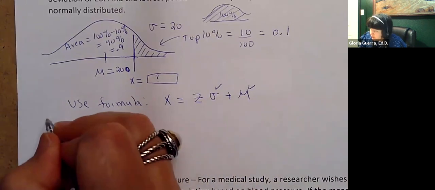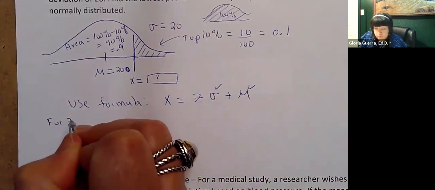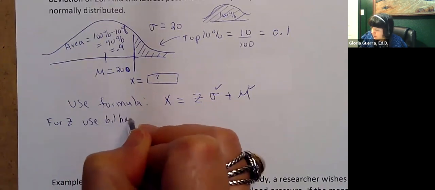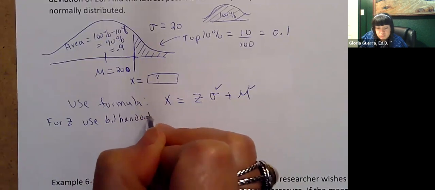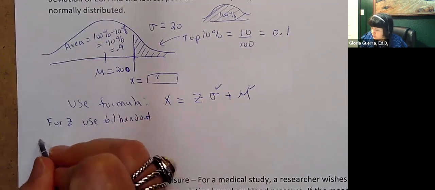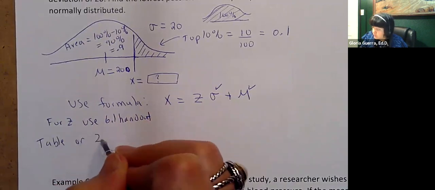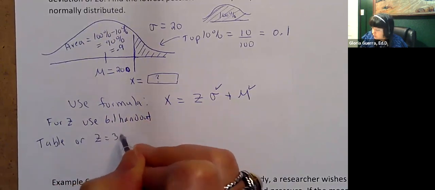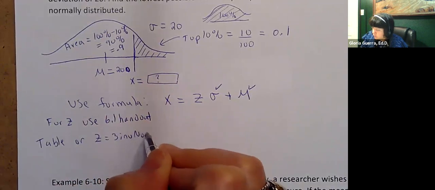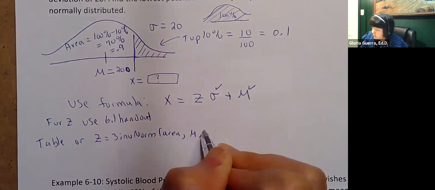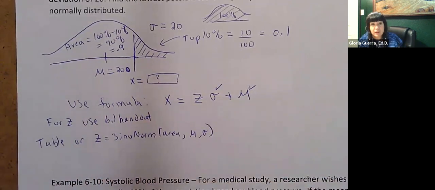So for Z, we can use that 6.1 handout that we just showed you. And we can also use the table method, or you can use the inverse norm function with area, mu, sigma, which is what we did on that handout.